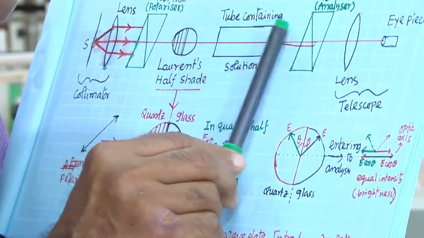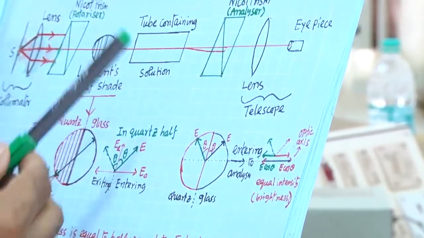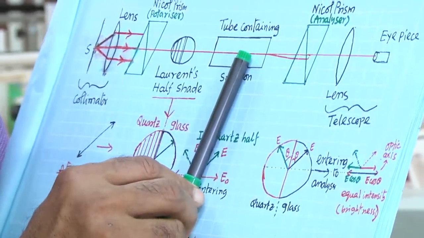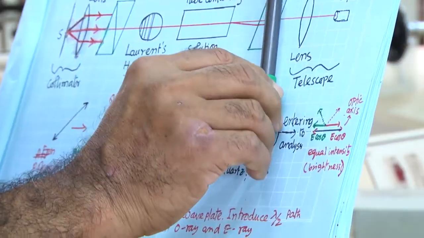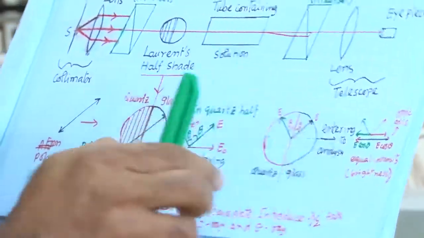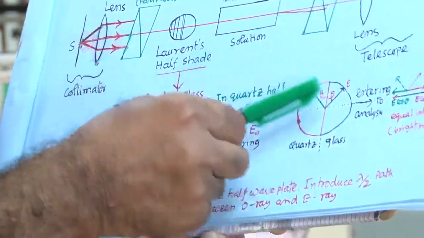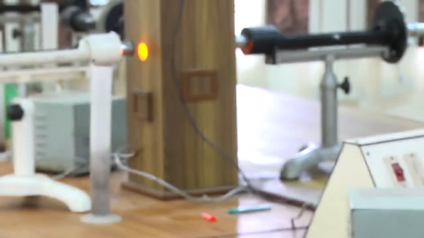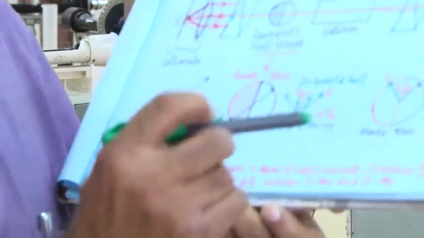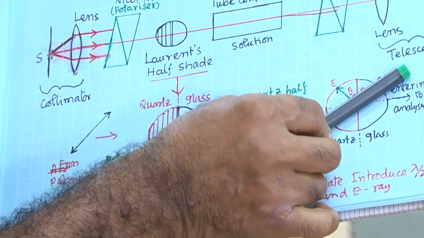Now we will put the solution. First we will put the solution of highest concentration, and then we will do this. Because now this will be rotated, that rotation will change this electric component.